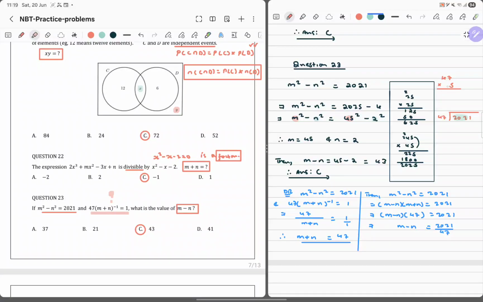So let's say 5. 5 times 7, that's 35. Nah, it's not going to work, right? 5 times 4, 20 plus 3, 23.